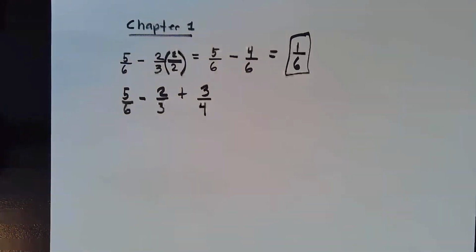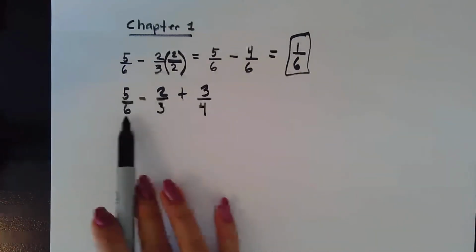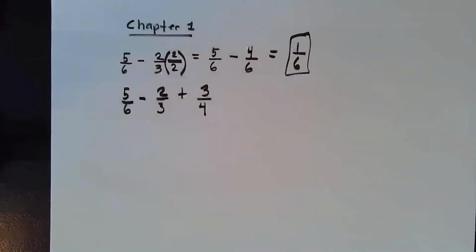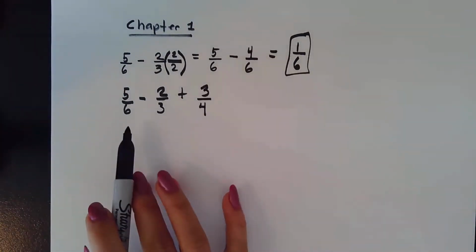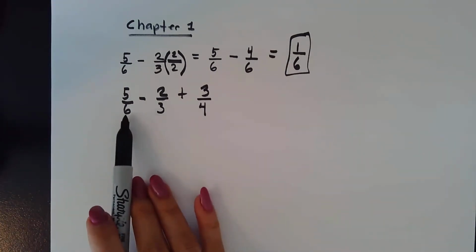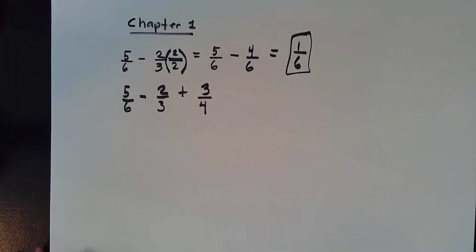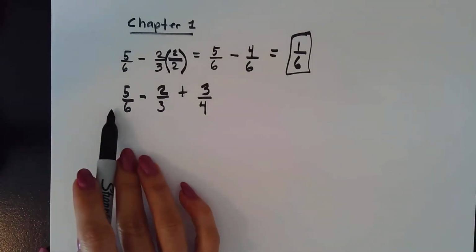This time 6 is not gonna work because remember, all these numbers, 6, 3, and 4, they all need to go into this number evenly with no remainder, and it has to be the smallest number. So that's gonna be 12, right? So 12, because 6 goes into 12, 3 goes into 12, 4 goes into 12, and it's the smallest number that can accomplish that.